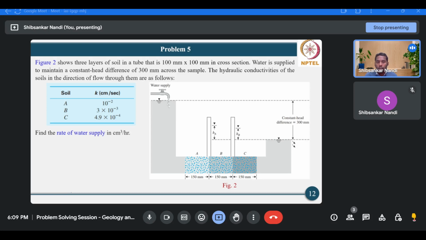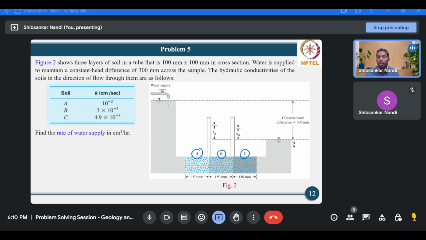So in this problem, it's not a case of only one soil sample. Rather, this problem involves three different soil samples: soil sample A, soil sample B, and soil sample C. And for all these three soil samples, the hydraulic conductivity values are different.